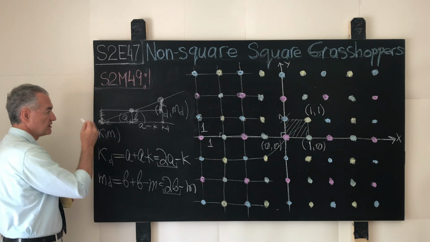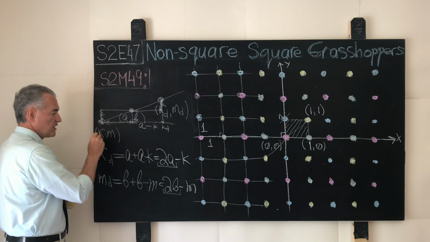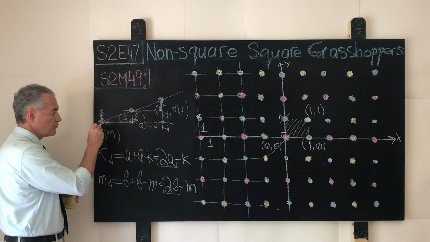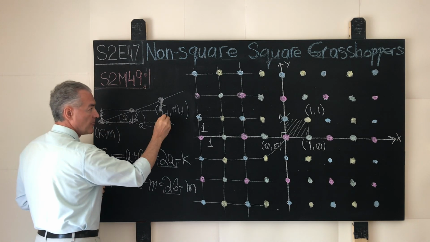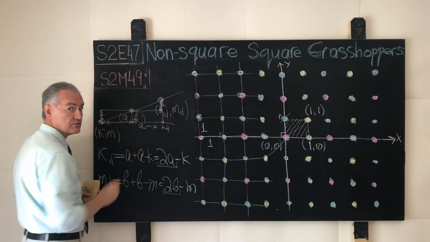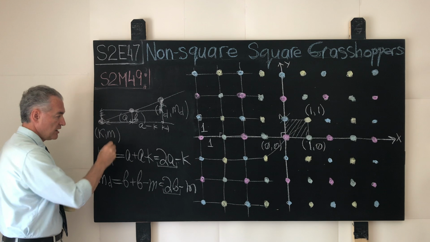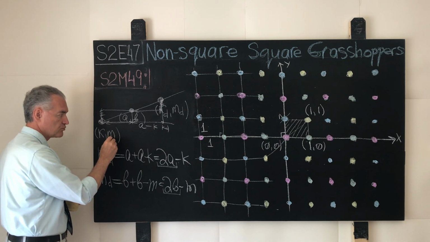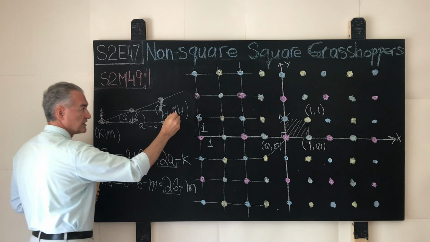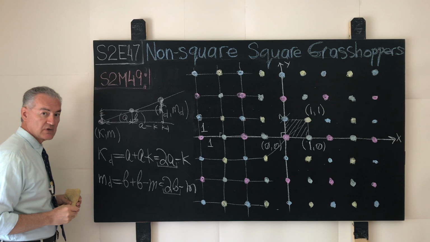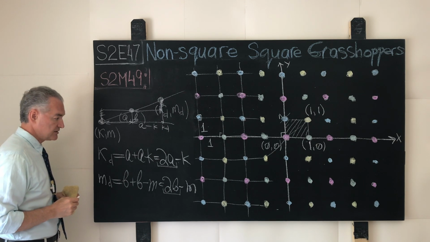Whatever the parity of the x component of the origin point was, it will be exactly the same parity of the same component in the destination point, and the y component as well. Whatever the parity of the y component was at the origin, it will be exactly the same parity of the y component at the destination.